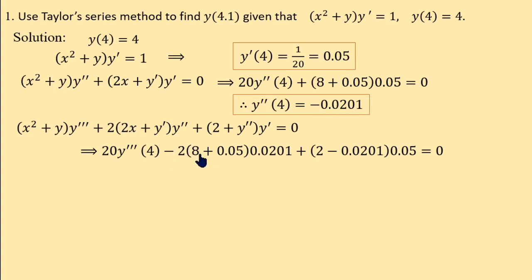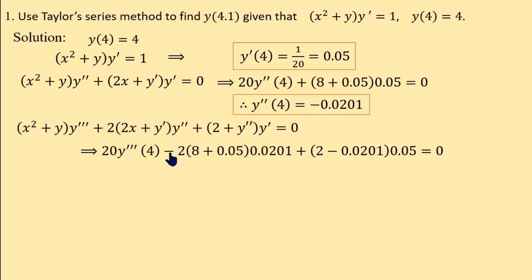So minus 2 into 8 plus 0.05 into 0.0201 plus 2 plus y double dash, that is minus 0.0201 into y dash, that is 0.05 equal to 0.